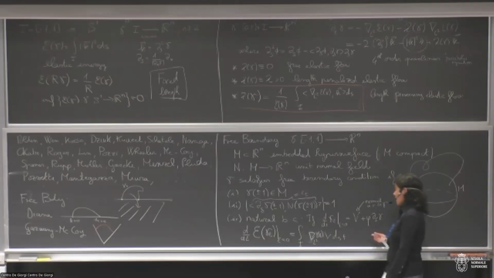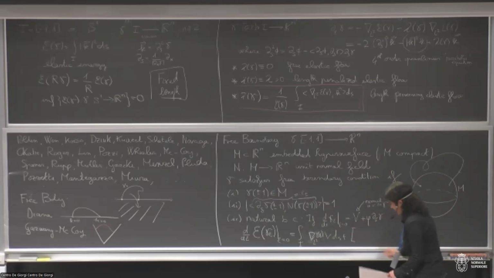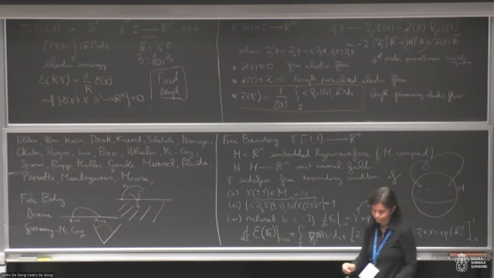That should be a nabla. Okay, plus, and now there are coming up boundary terms due to the fact that we have a curve with boundary points. Okay, so which are the boundary terms? These are twice the scalar product of the curvature with the orthogonal part of the derivative of the normal part of the variation, minus twice the normal derivative of k plus phi k squared, computed in minus 1 and 1.